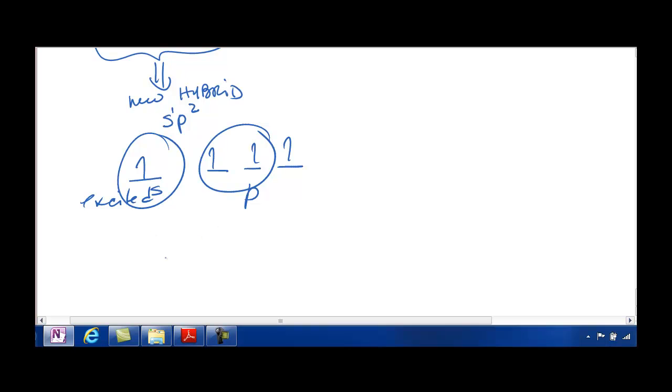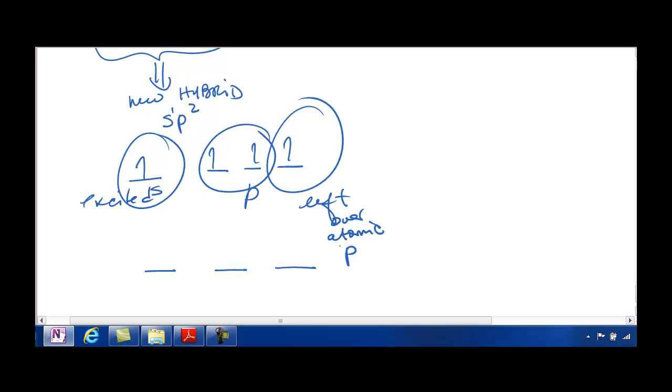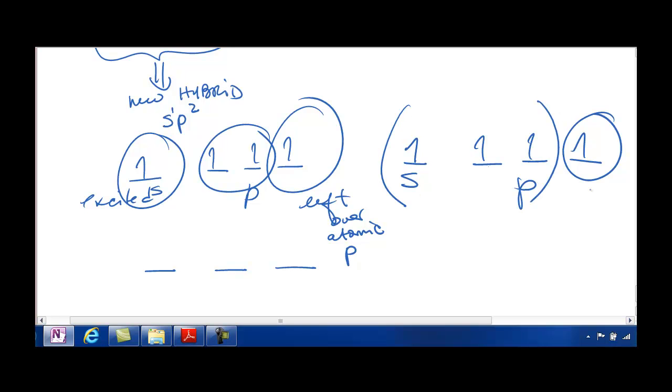Okay, so this is an excited state, and we're taking an sp2, another sp2, and an sp2, and I have a leftover atomic P. And the same thing for the other carbon. Once I excite them, I put an S, and these are 90 degrees because they're P's, atomic PX, PY, PZ. I'm going to have to take the S and 2 of the P's. I take these, and I'm going to have a leftover P.